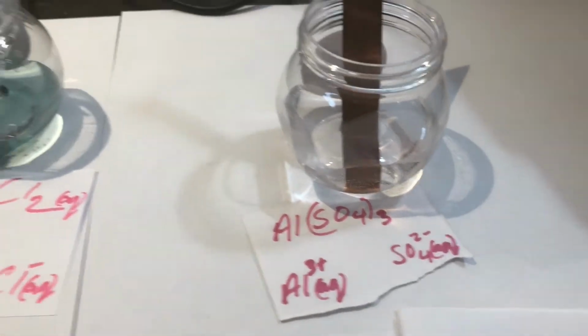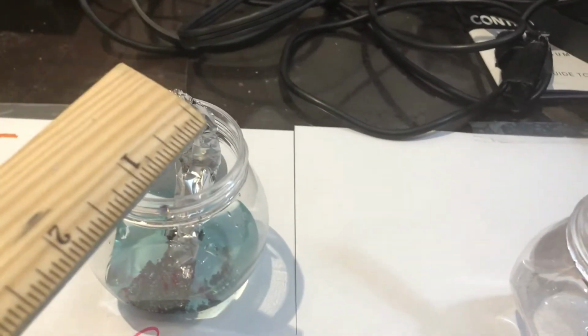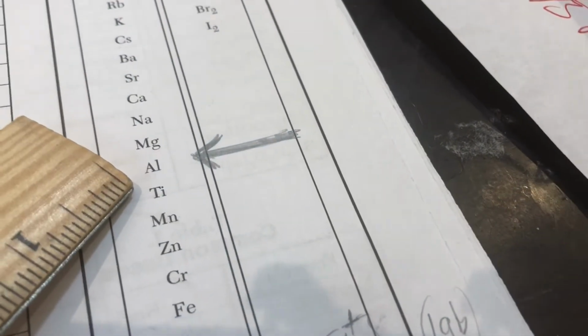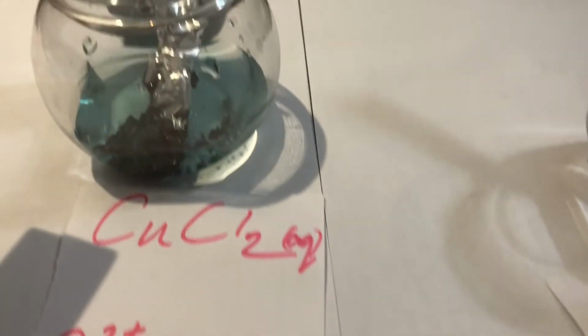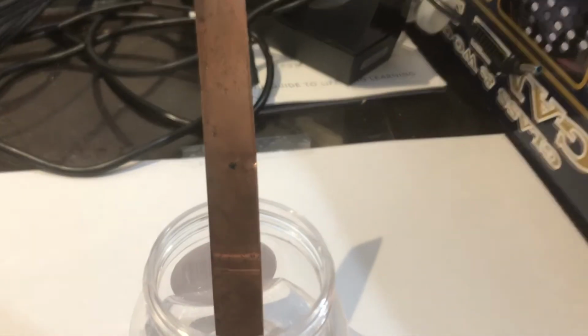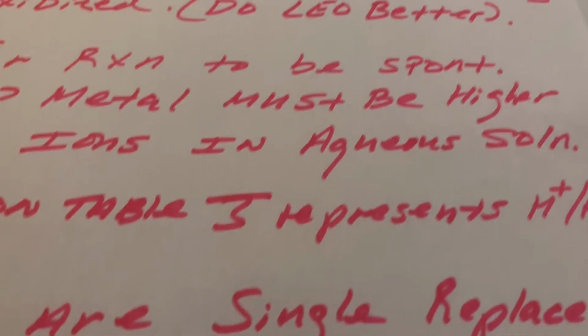In terms of aluminum solid, it is higher on Table J than copper ions, so it will take place spontaneously. Once again, copper solid in aluminum ions: copper's way down here, below aluminum ions, so that reaction is non-spontaneous.